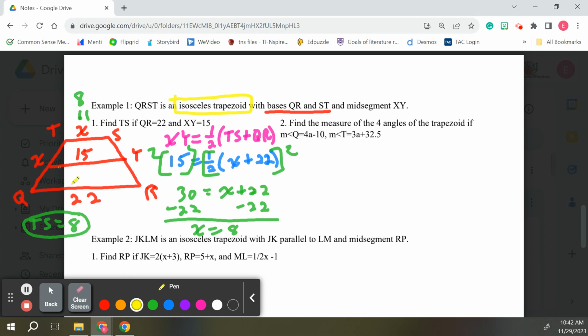Now, I have my picture right here. I'm not going to redraw a new one unless you choose to. But if you do, it's going to look something kind of like this. All right, I'm going to put Q, R, S, and then T. And they're telling me that Q is 4A minus 10 and T is 3A plus 32.5.